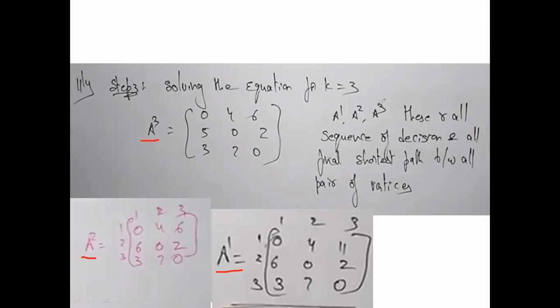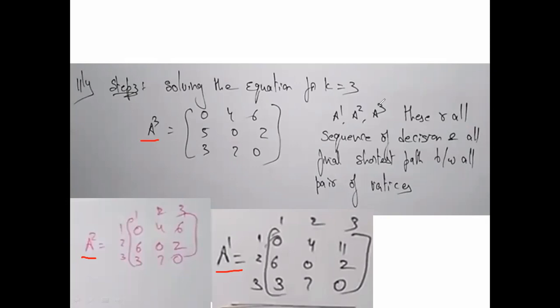We have to consider the k value as the intermediate point and update the distance if you find a value less than the k value. Okay, so here we have found, for all the vertices to all the other vertices, what is the shortest distance?